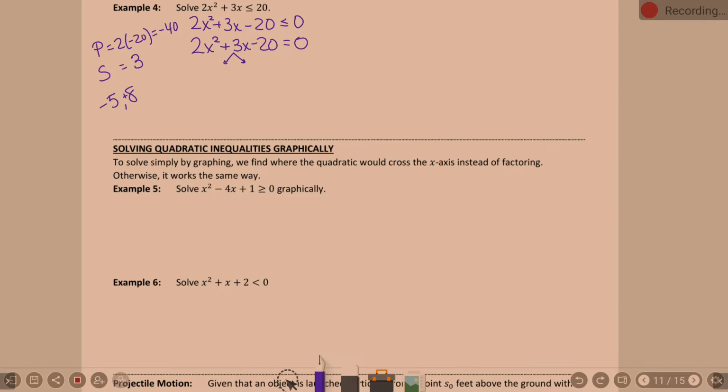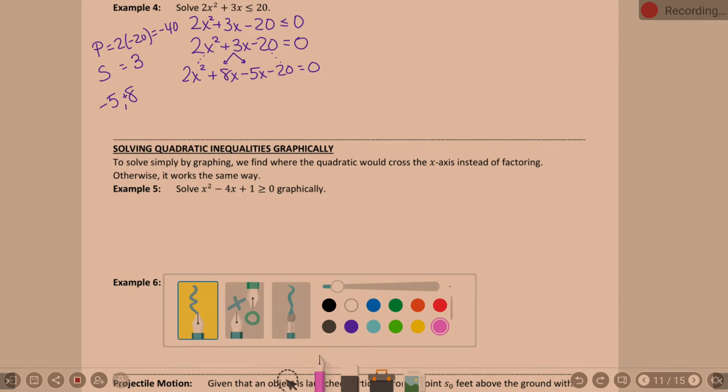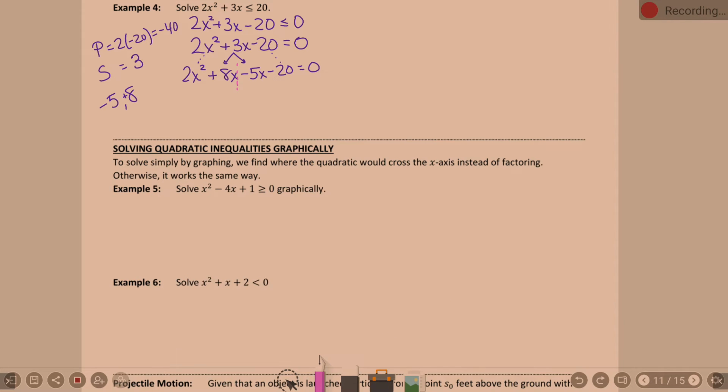So I'm going to carry down the 2x squared. 3x, I'm going to split it as plus 8x and minus 5x. I'm going to carry down the minus 20, and it's still equal to 0. We got 4 terms there. So we're going to split in half.